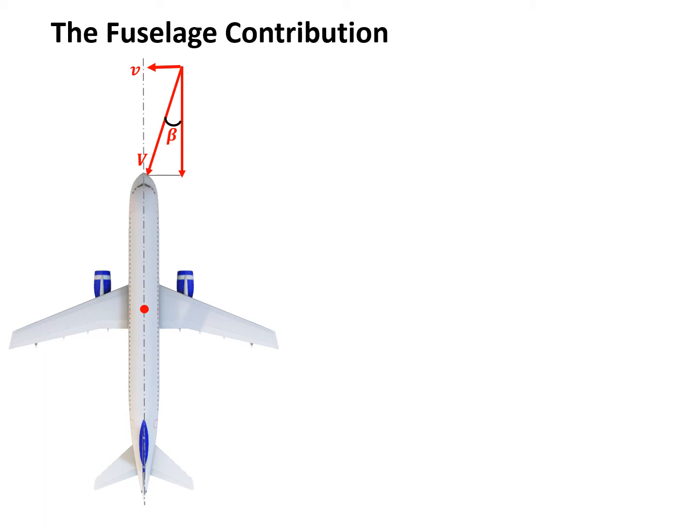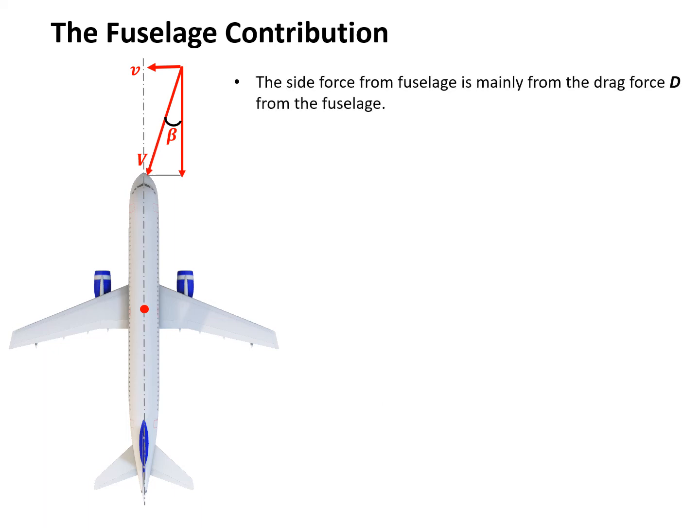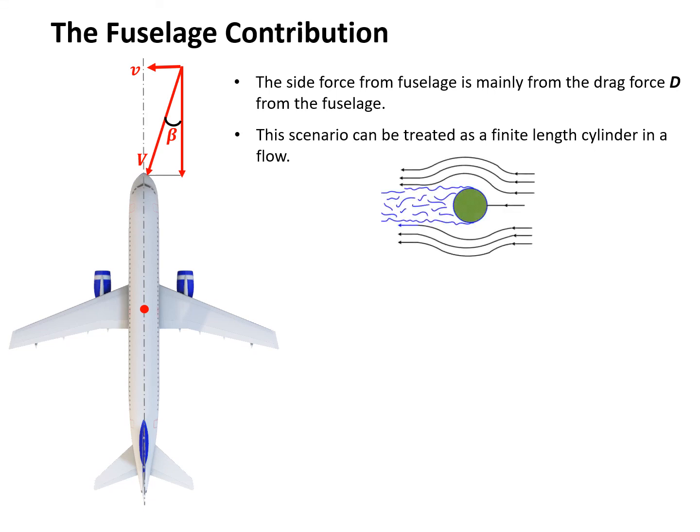So let's see the problem. The side force from the fuselage is mainly from the drag D of the fuselage. Can you see this problem? In order to understand it better, if we cut the fuselage and get a cross section, we can treat this scenario as a finite length cylinder in a flow.